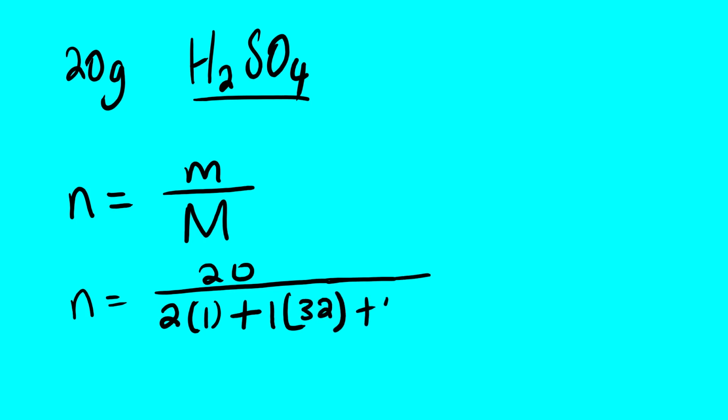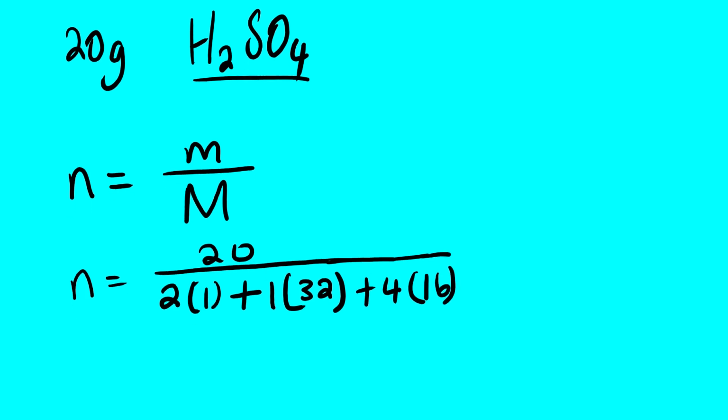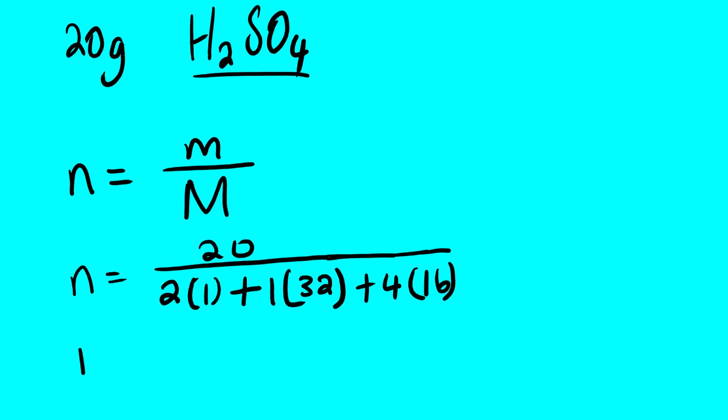Then plus we have 4 atoms of oxygen, and the molar mass is 16. From here, the number of moles of 20 grams of sulfuric acid is 0.204 mole.